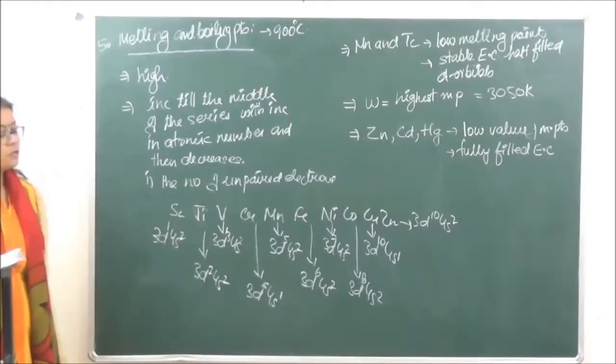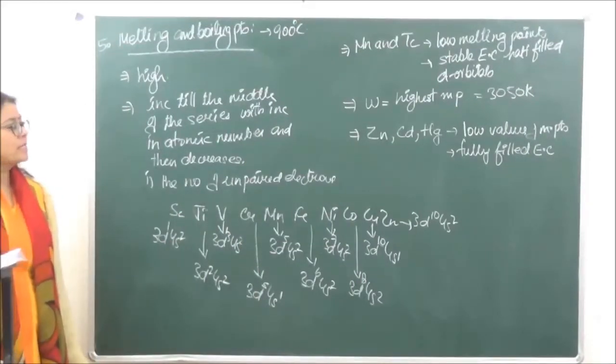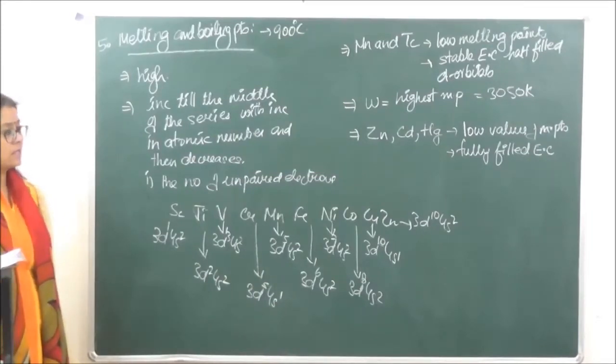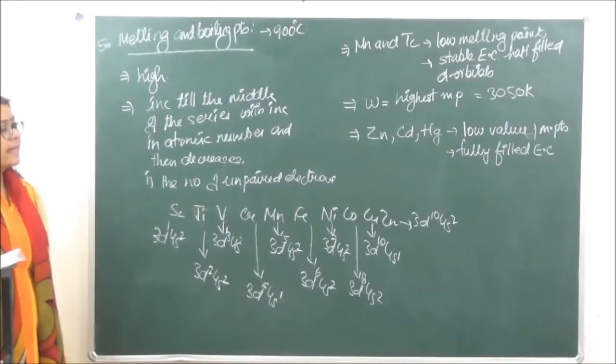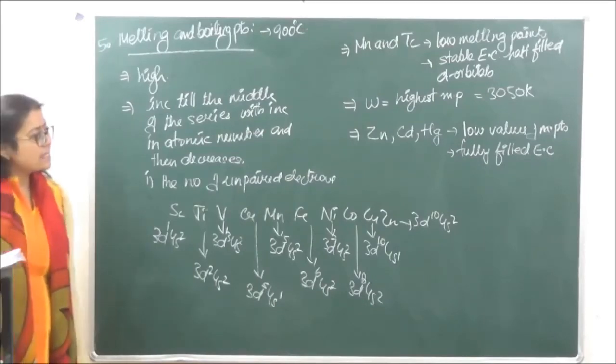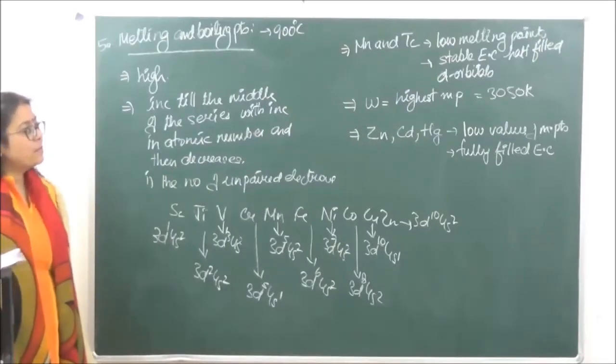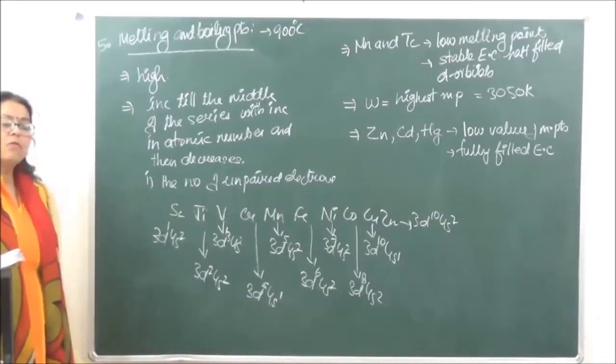Is it clear? In fact, we also say that zinc and cadmium are the softest d block metals. That is again due to the fully filled d block electronic configuration. And mercury exists as a liquid at room temperature, again because of weak forces of attraction between the atoms, due to the fully filled electronic configuration in the d subshell.